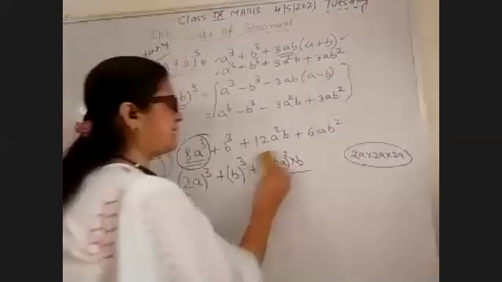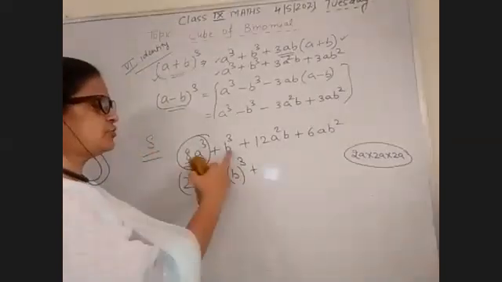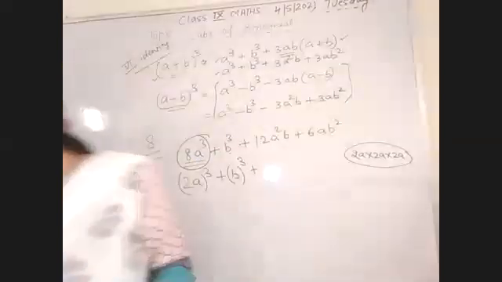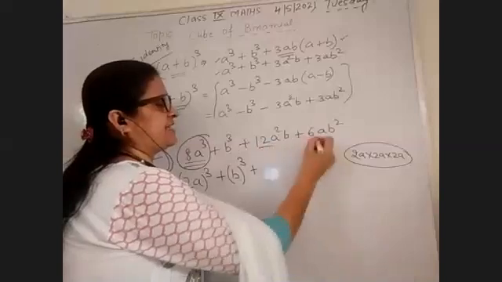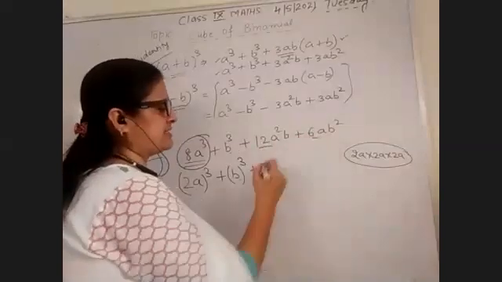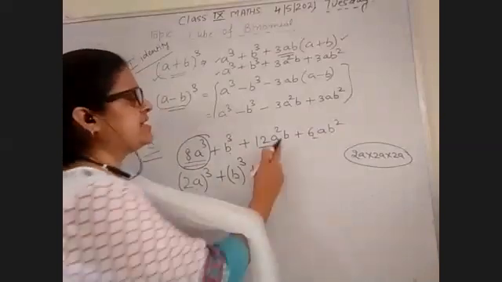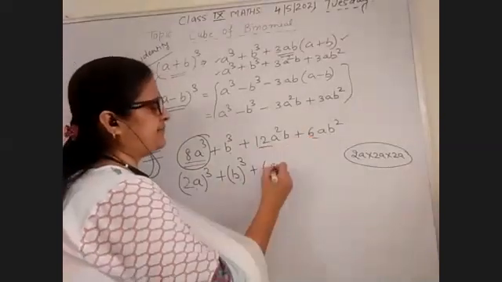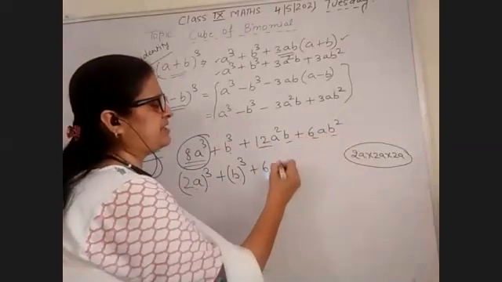First you wrote 8a cube as 2a cube and b as b cube. Now you will take the common factor of 12 and 6. It is equal to 6. 6 as a common factor, and in a square and a, a is common, and in b square and b, b is common.